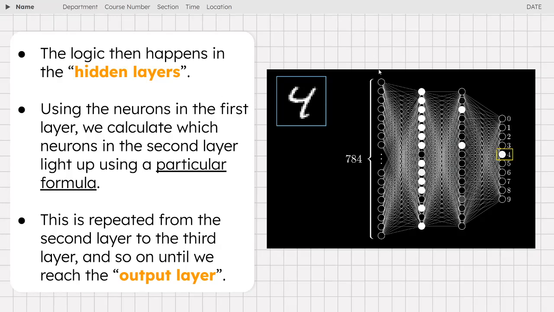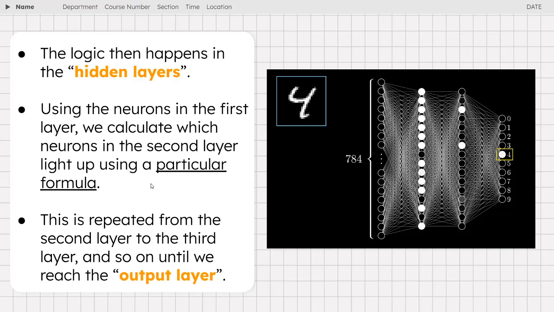So how do we go from the input layer to the output layer? Well, the logic to calculate this is in between them. It's called the hidden layers. All of the logic to calculate the output is in the hidden layers. Using the neurons in the first layer, we calculate which neurons in the second layer light up using a particular formula.